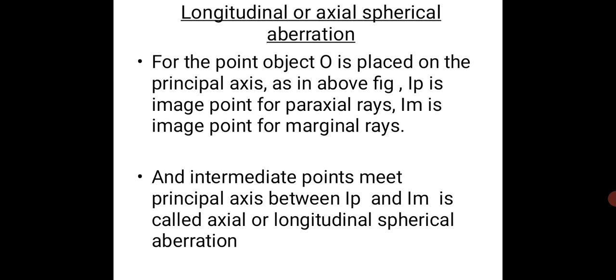So let us consider there are two types of spherical aberration, longitudinal and lateral. First we will see the longitudinal or axial spherical aberration. The point object O is placed on the principal axis as in the above figure. IP is the image point for paraxial rays and IM is the image point for marginal rays.